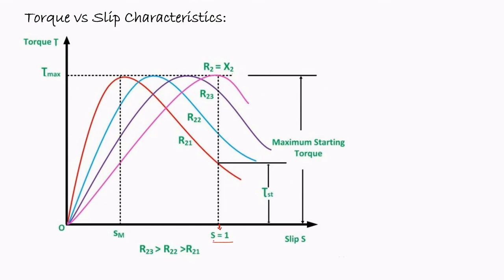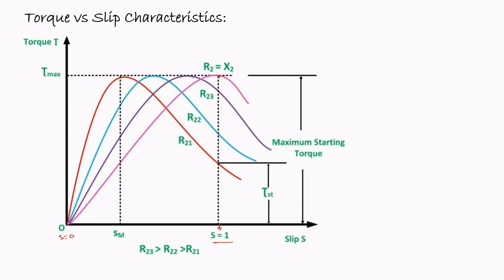This is the starting value of slip, and here S equal to 0. So this point shows when R2 is equal to X2, we get the maximum starting torque.